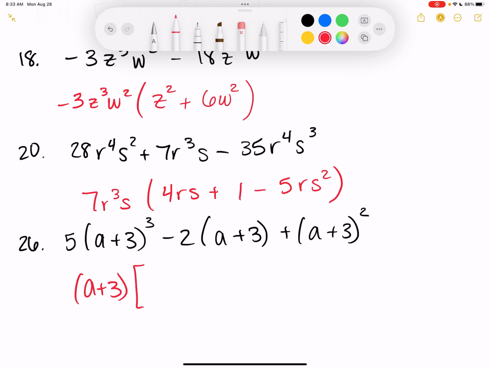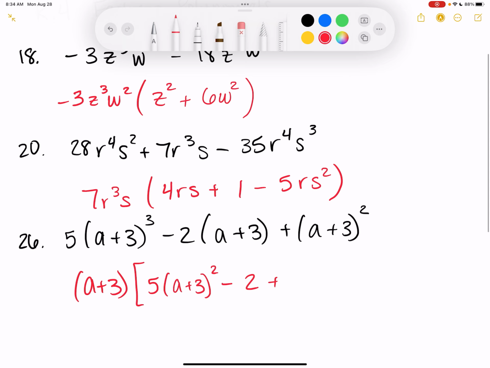So then 5 times a plus 3 squared minus 2, because that a plus 3 goes away, and then plus, and again, in parentheses, I'm going to leave it just to make sure there's no confusion about what's happening. So it's the same thing, it just looks a little different than we're used to.